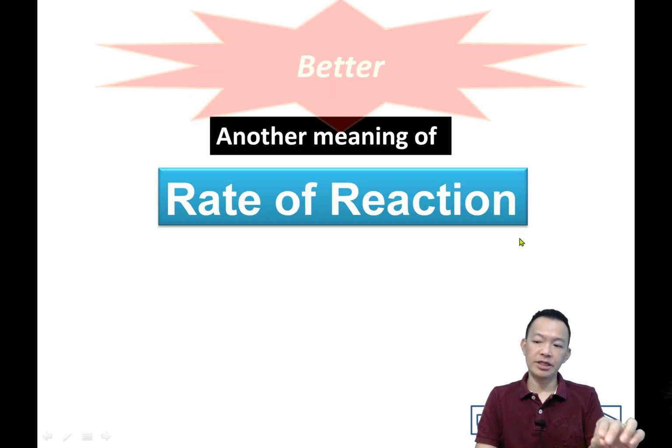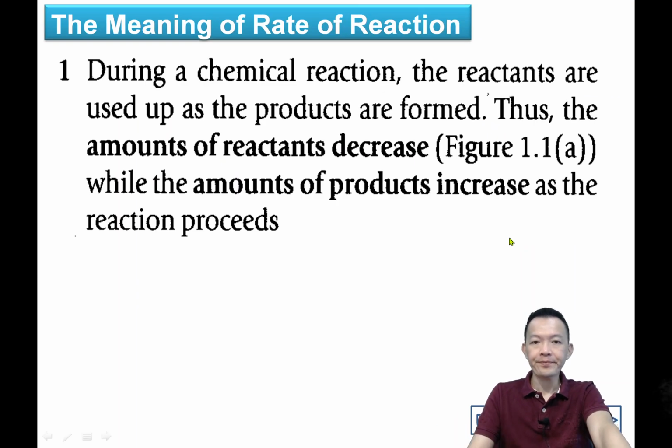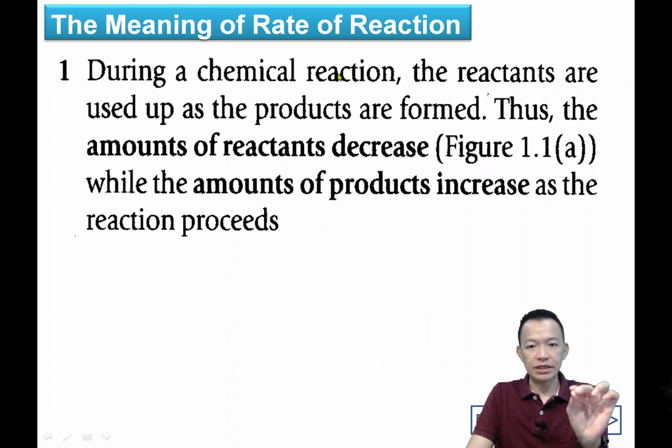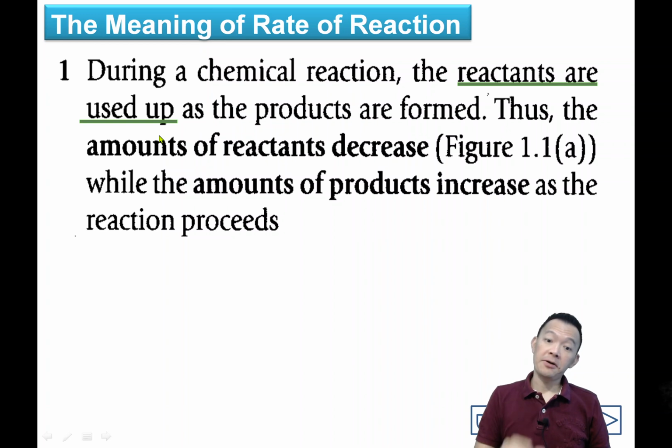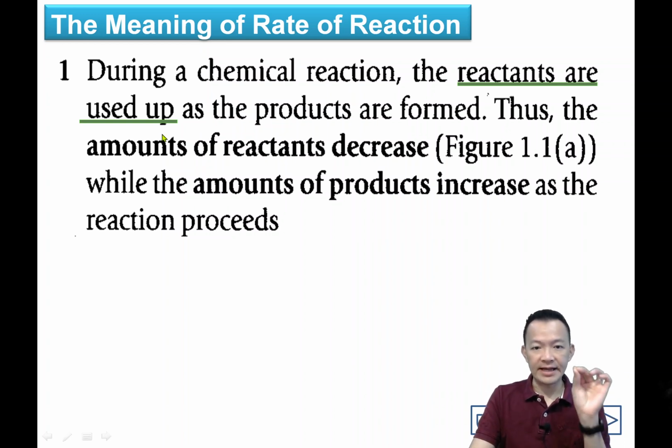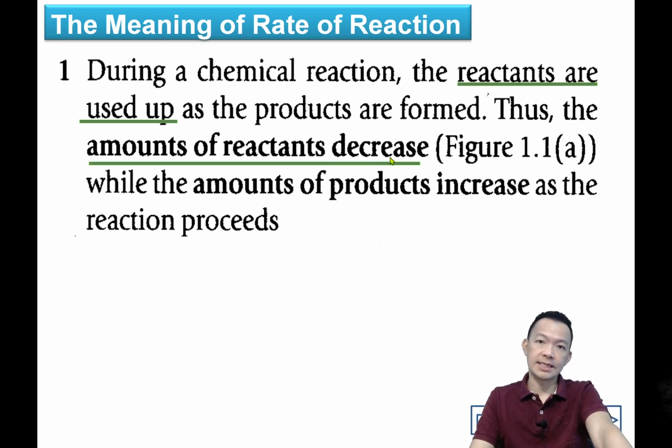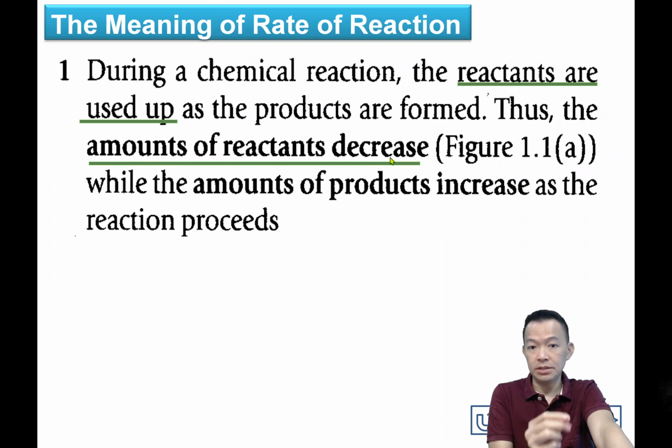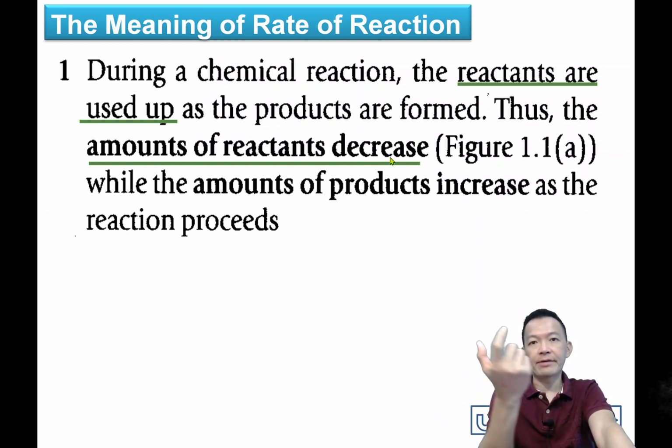So what is meant by rate of reaction? Follow me. During a chemical reaction, the reactants are used up. When the reactants are used up, the quantity of the reactants will be decreased. In a certain period of time, if the reactant decreases very fast, that means the rate of reaction will be higher.